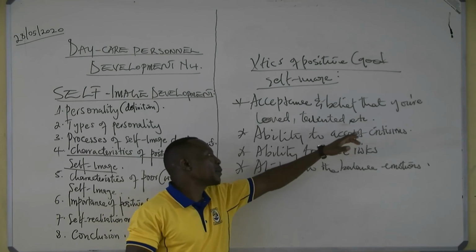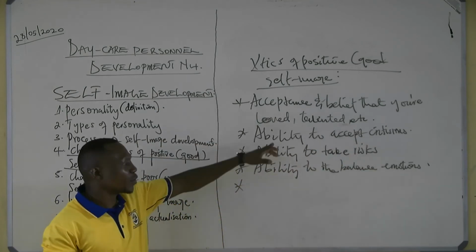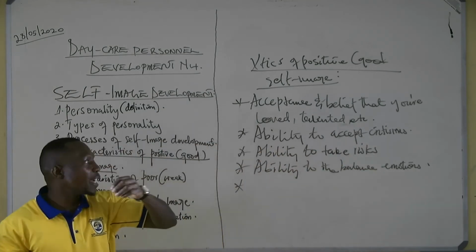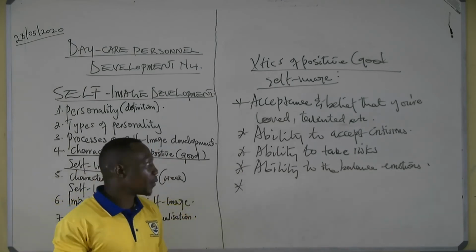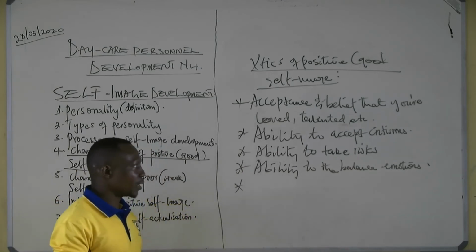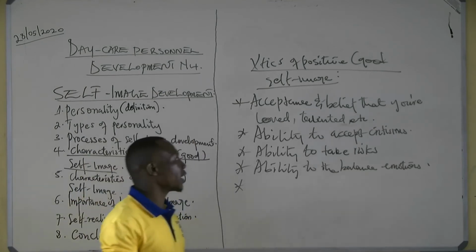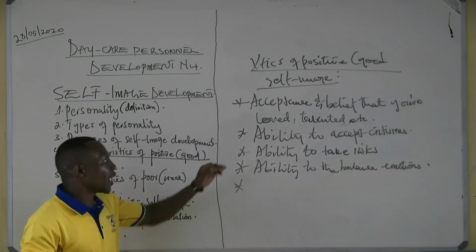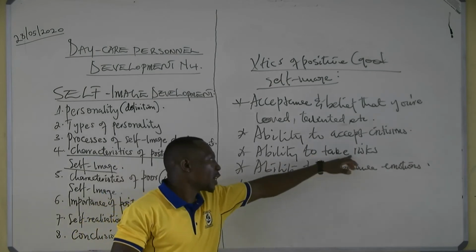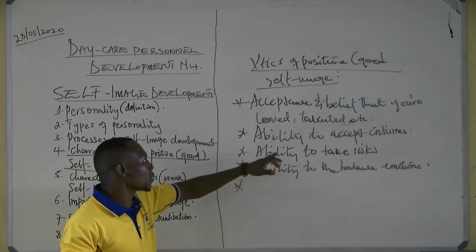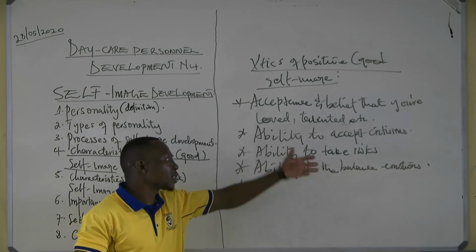Then ability to accept criticisms. Now this person having a positive or good self-image is always seen having the ability to accept criticisms. And this person can also go an extra mile to use these criticisms constructively for his or her benefit, so that he corrects his mistakes that have been made.